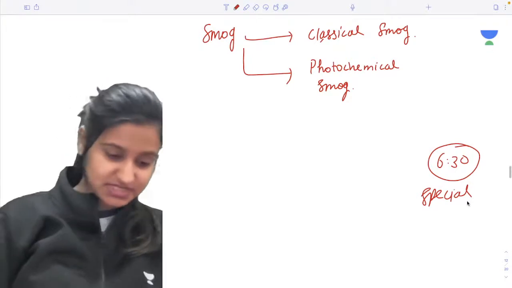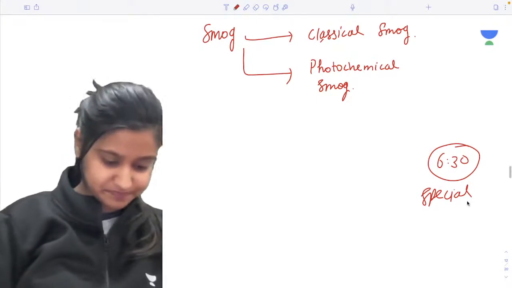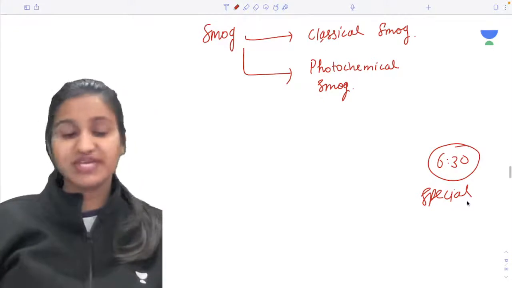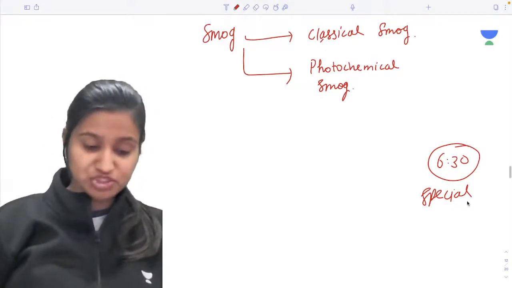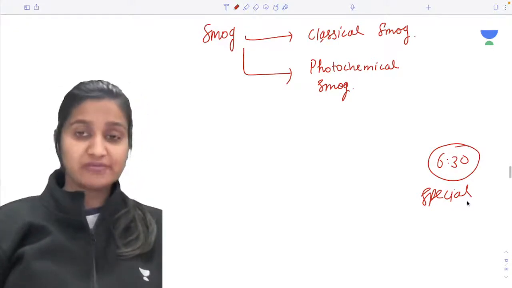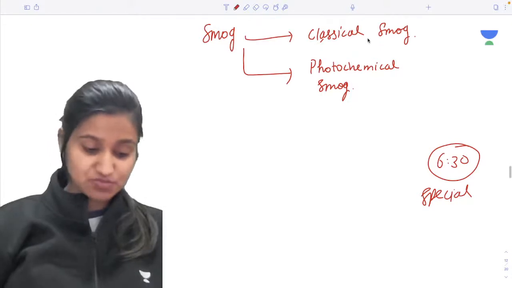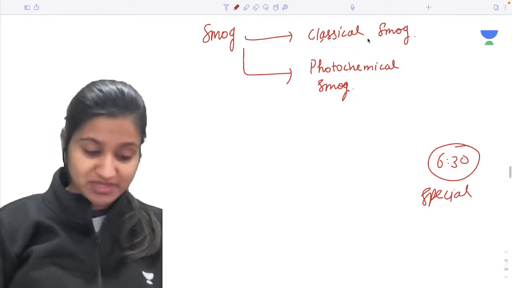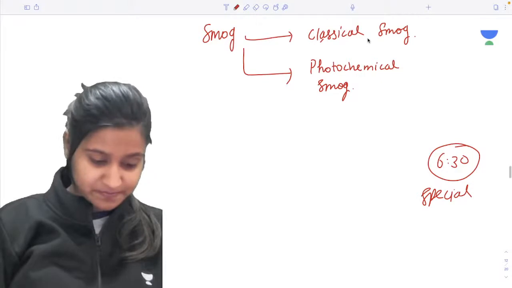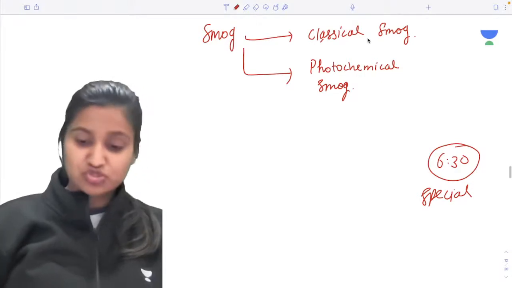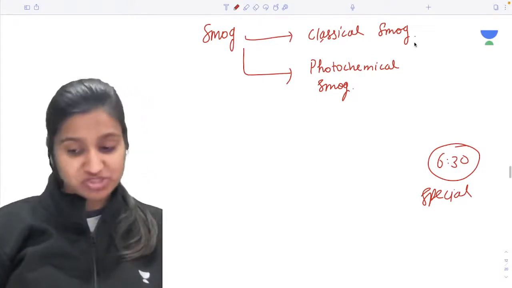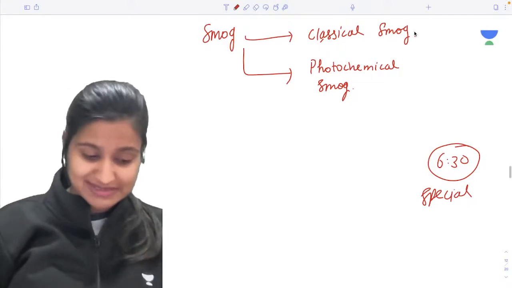Let's move ahead. So yes, we were talking about smog. Smog can be of two types, classical smog and photochemical smog. Classical smog occurs in humid climate.